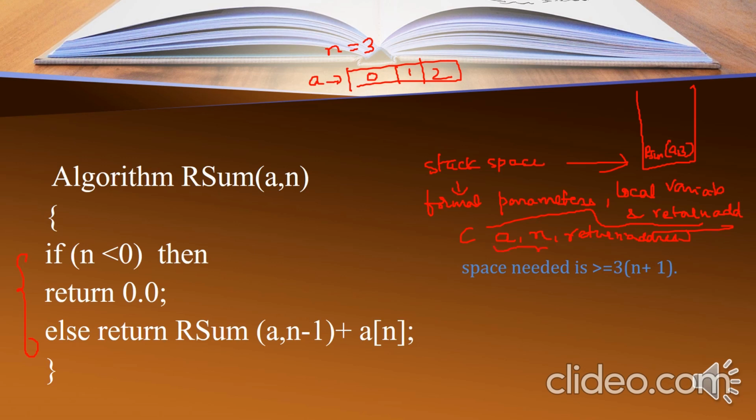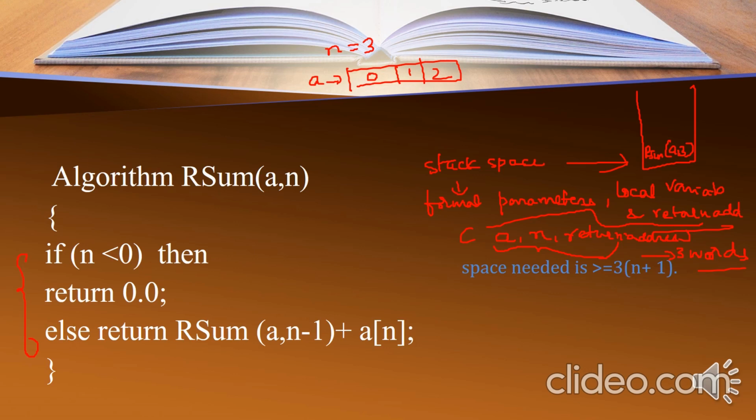Totally, let's assume these 3 things are going to take 1 word each. A is going to take 1 word, n is going to take 1 word, because it's just an address, it is going to pass a, n, and return address. So total it's going to be 3 words each.